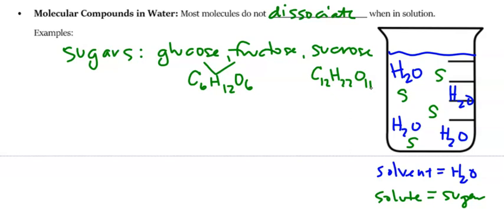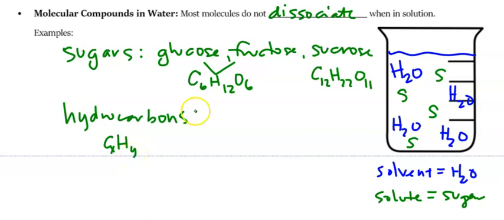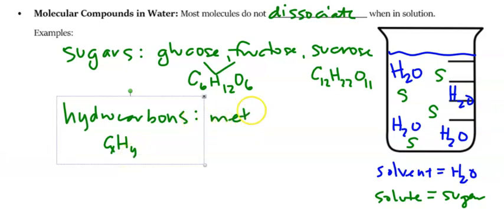All right, other things that are also molecular are hydrocarbons. We talked about these when we talked about combustion. So remember, these are things that have carbon and hydrogen in some formats. For example, we talked about methane, that was CH4, or we can talk about ethane. There's a whole bunch of them.